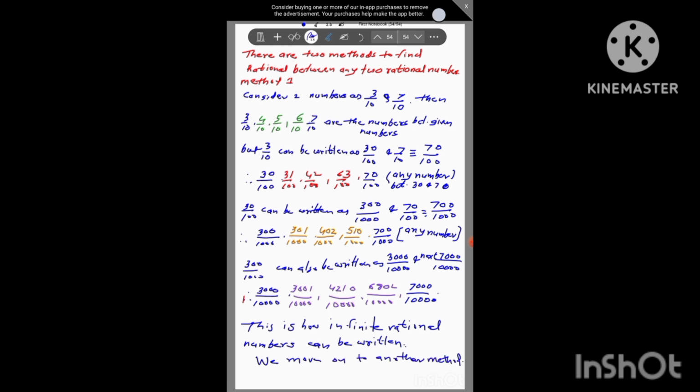After the first method, the second method to find the rational numbers between two rational numbers is to find the mean of the two given numbers. We see the example here.